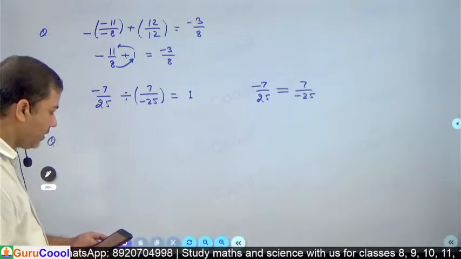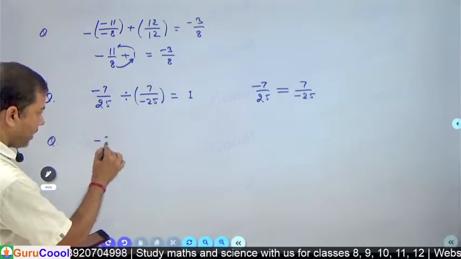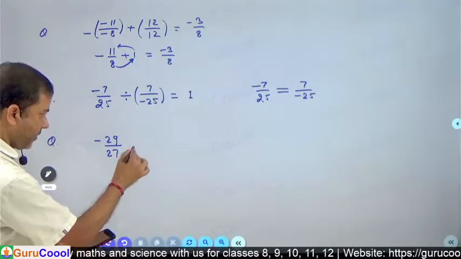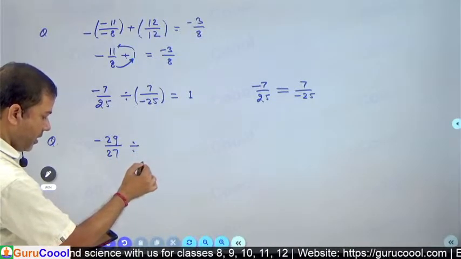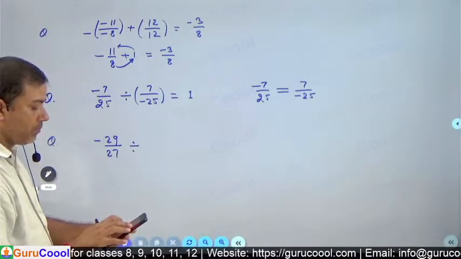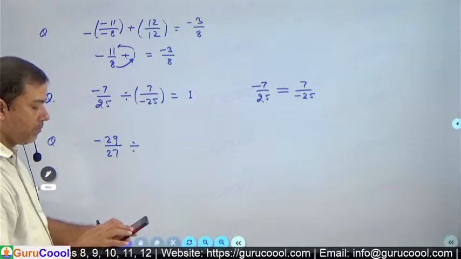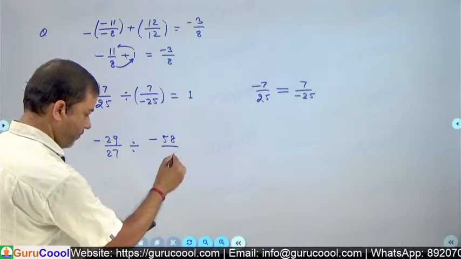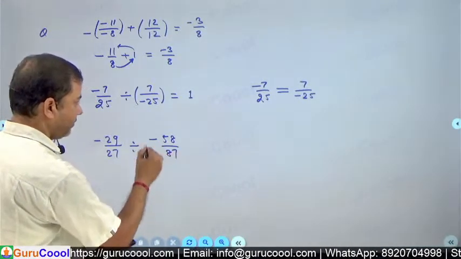The next question is find the value of minus 29 by 27 divide minus 58 by 87.